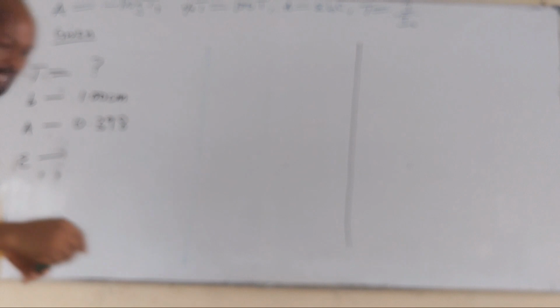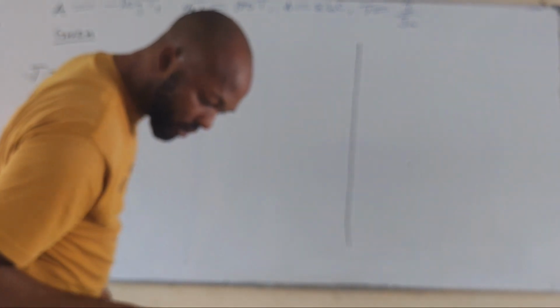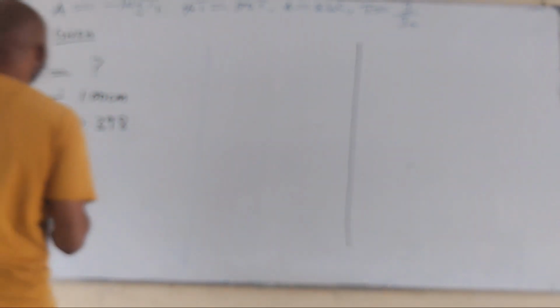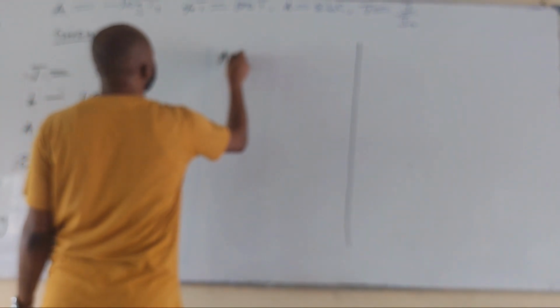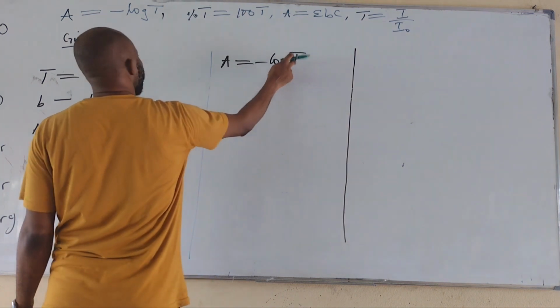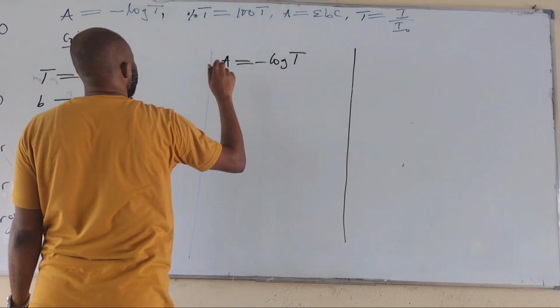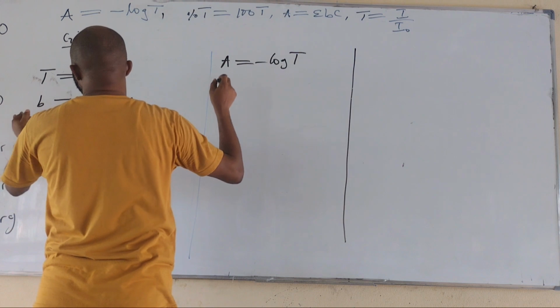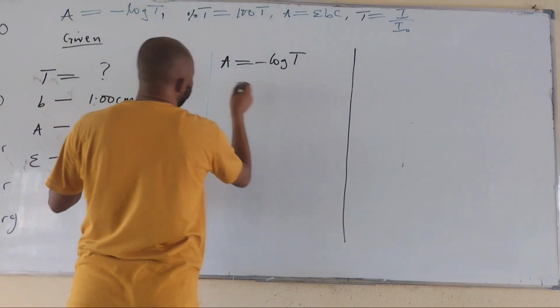So let's calculate the transmittance first. We say A is equal to minus log of T, and I have my absorbance to be 0.398.